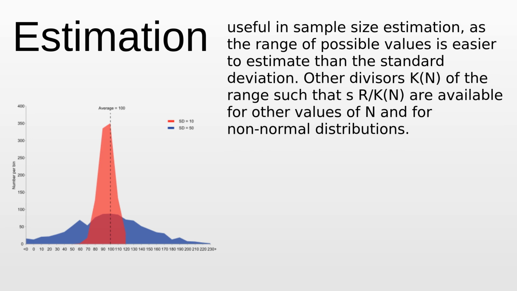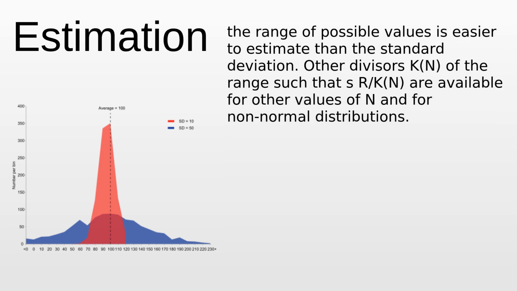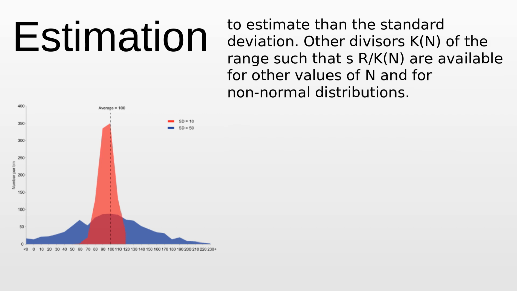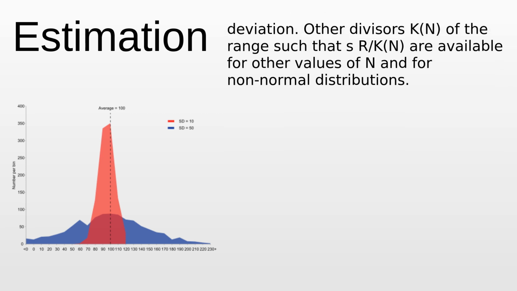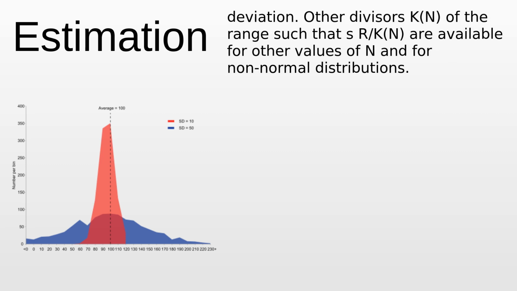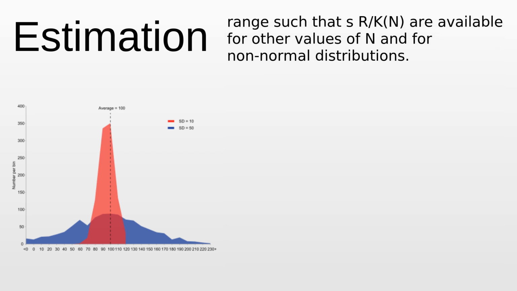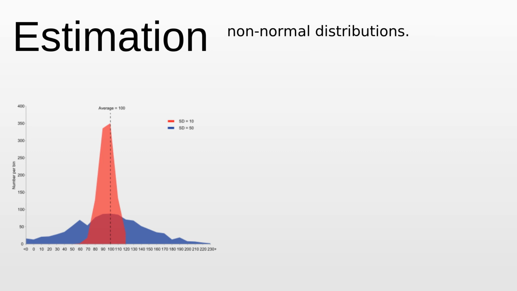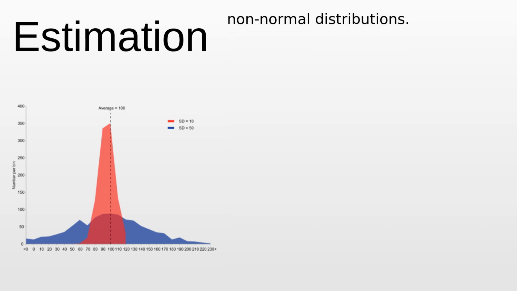This so-called range rule is useful in sample size estimation, as the range of possible values is easier to estimate than the standard deviation. Other divisors K(n) of the range such that s ≈ R/K(n) are available for other values of n and for non-normal distributions.